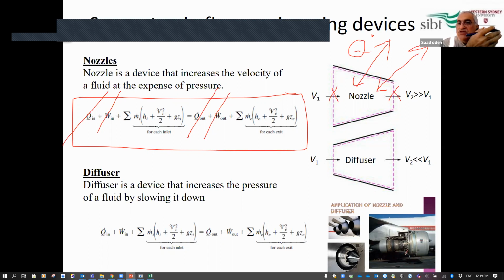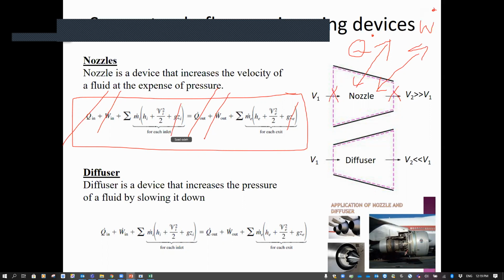So the potential energy apparently has no effect because the level is the same, inlet and exit. So then we can eliminate this gz, correct?